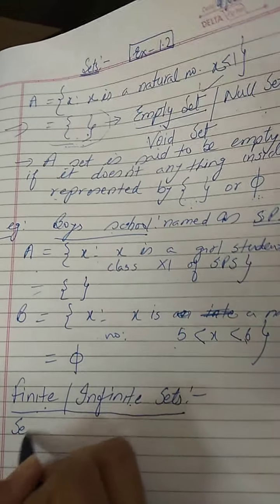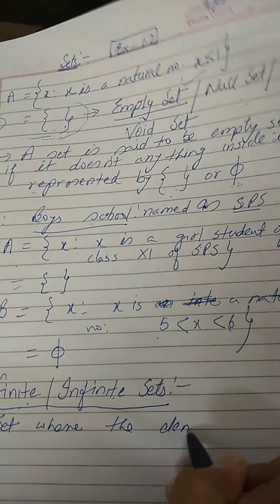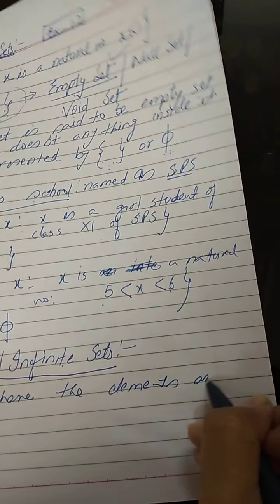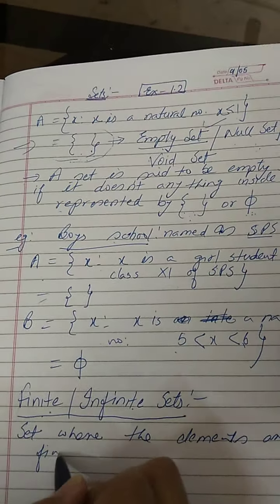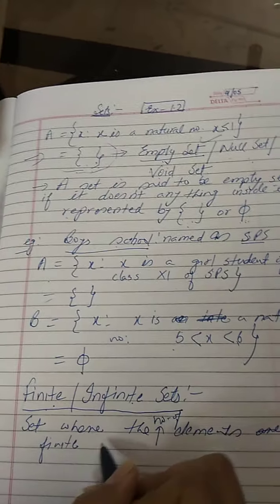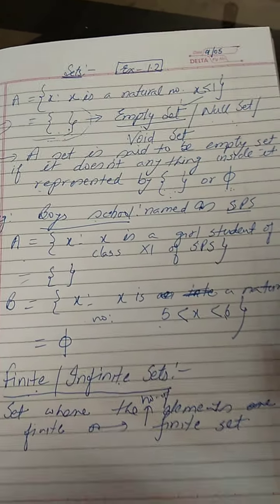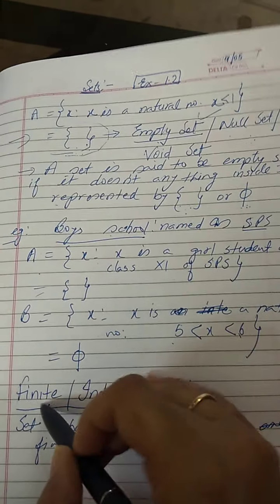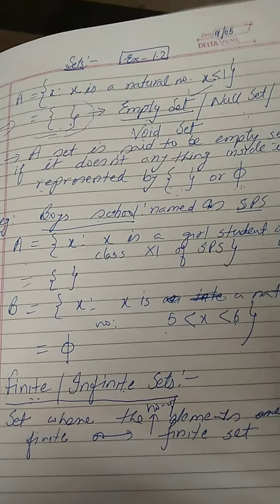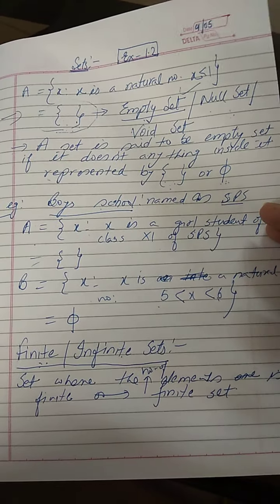So the set where the number of elements is finite will be called a finite set. Otherwise, it will be called an infinite set. And remember, the null set comes under finite sets because nothing is there. Clear? So that also comes under a finite set only. The null set will not come under infinite sets.